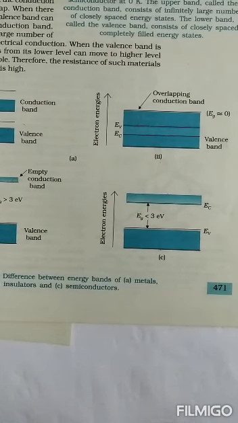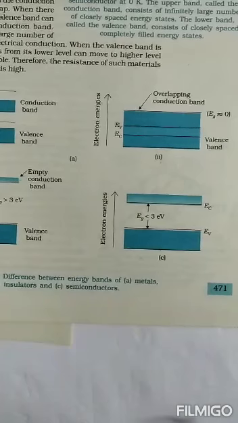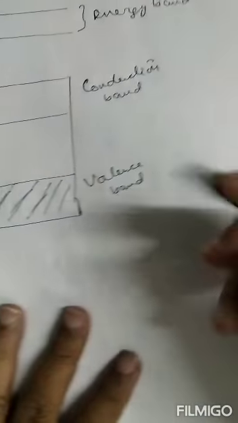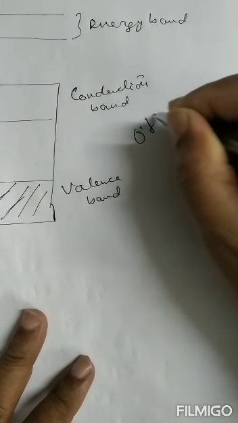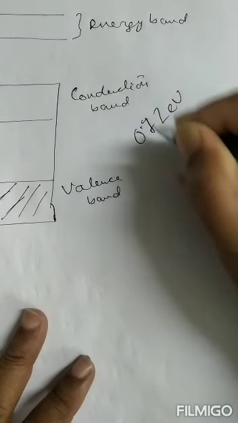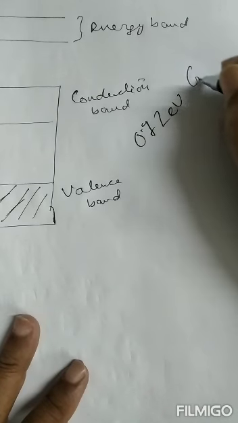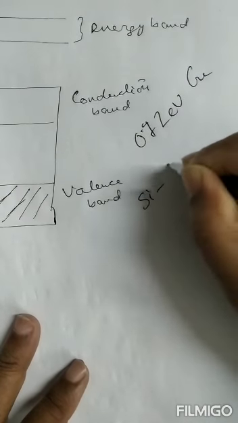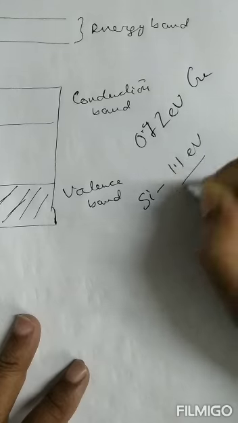Germanium has an energy gap of 0.72 electron volt. And there is another material called silicon. Silicon has an energy gap of 1.1 electron volt.